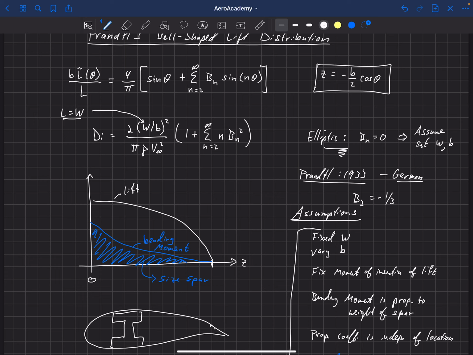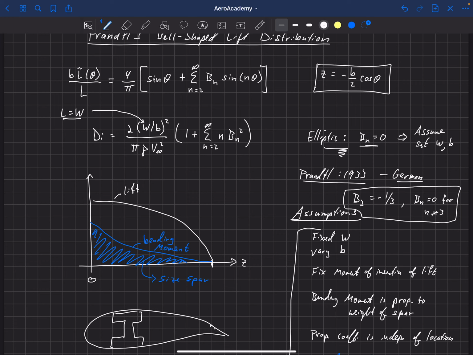So I'll write that down here: Bn equals 0 for n not equal to 3. So this is his solution, and obviously it's different than Bn equals 0 for all n.